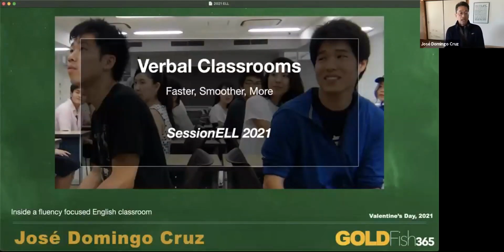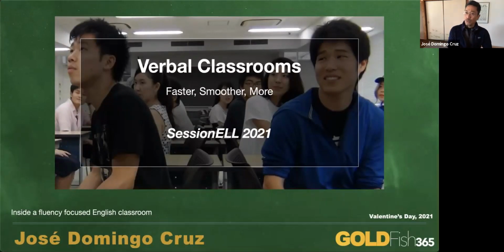Okay, verbal classrooms: faster, smoother, more. The whole subtitle, faster, smoother, more, refers to the idea that that's what we want our students to be able to do. Most of us, even in 4 skills classes or people who do communication classes, have a common sort of, I don't want to say problem or a worry, but a common hurdle in our classrooms.